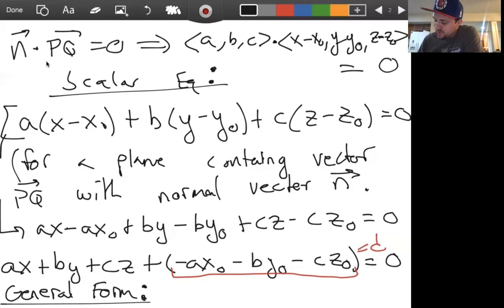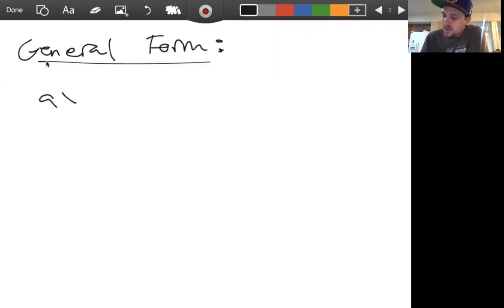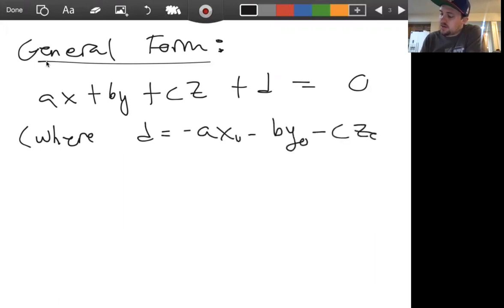The general form is ax plus by plus cz plus d equals 0. And again, d was equal to negative ax naught minus by naught minus cz naught. And this is the general form, so this is probably the form that you're more likely to see the equation of a plane expressed in.